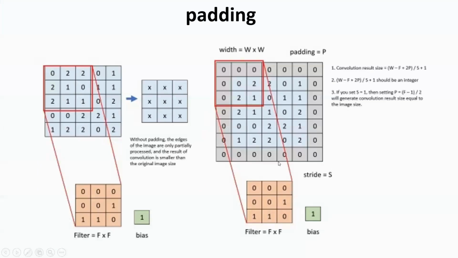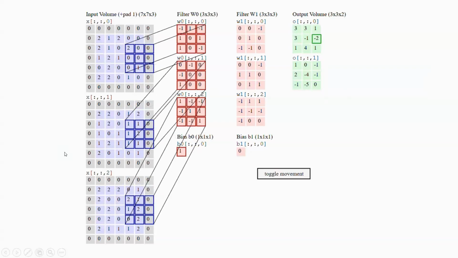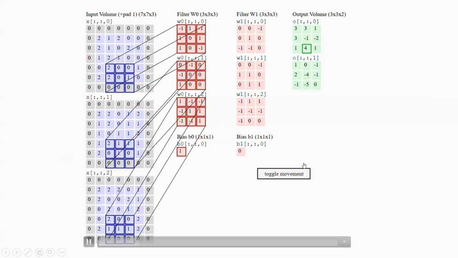So now comes padding. Padding is one of the important concepts, because without padding some values get repeated multiple times. If we take zeros like here, I will show one thing.